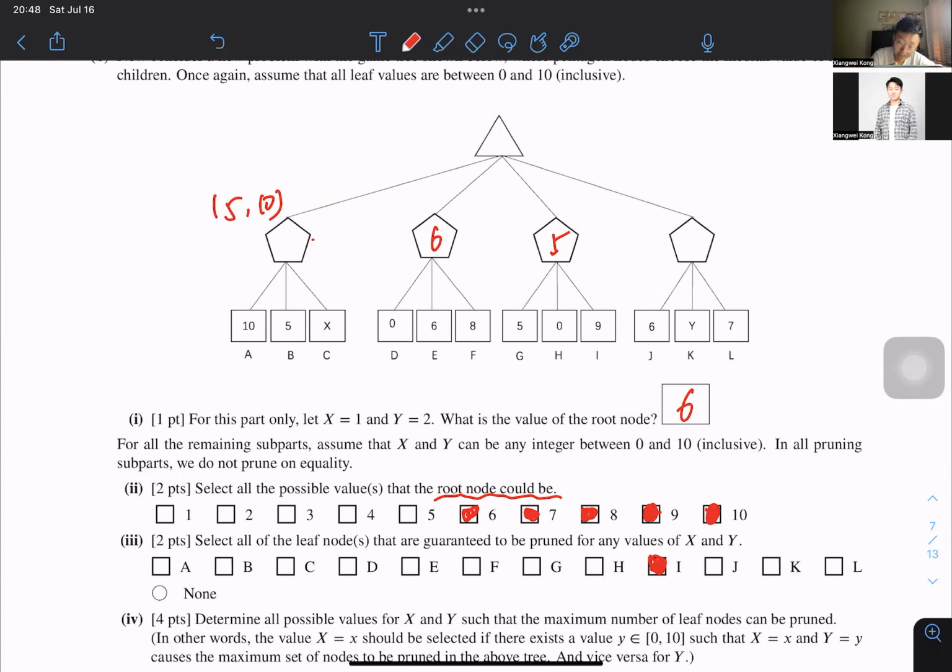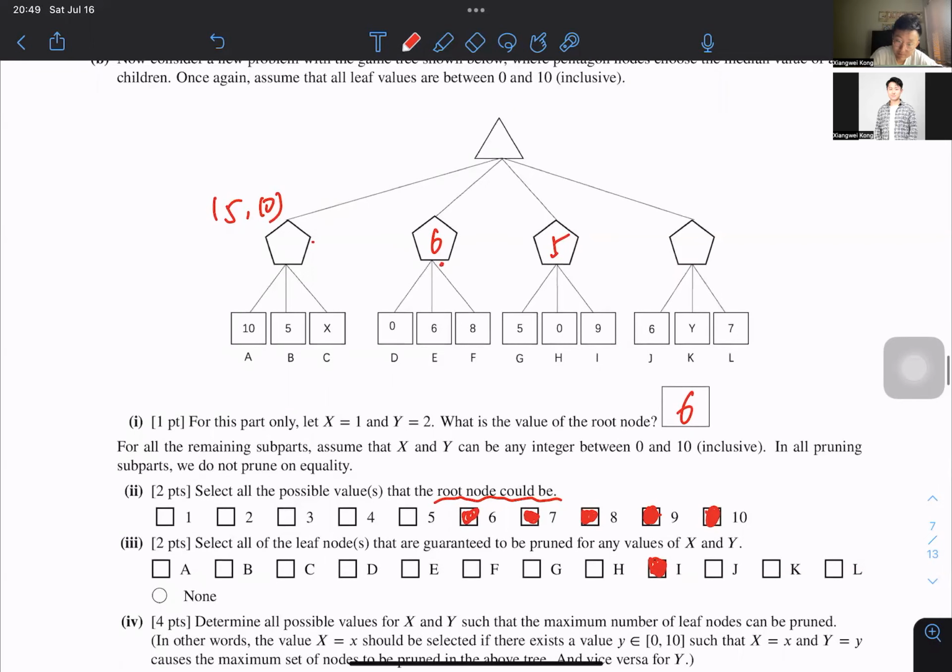For 0, 6, 8, the first two values, 0 and 6, actually give a bound to this medianer, which says this will be at most 6. Because if F is large, like 7, 8, 9, 10, then E will be 6. If F is smaller, then that value will be that value.